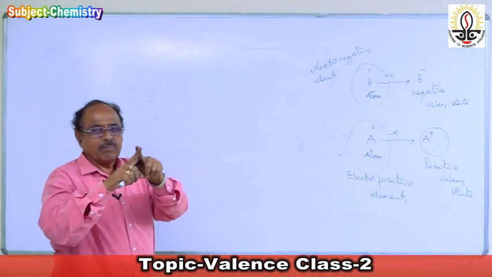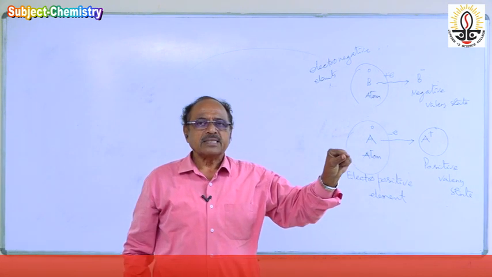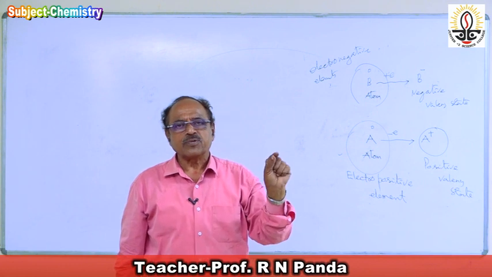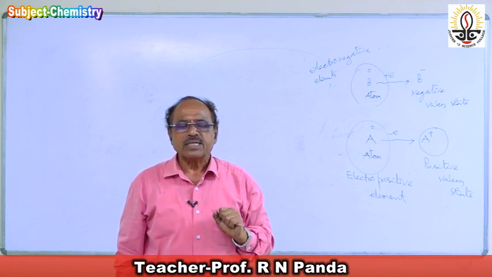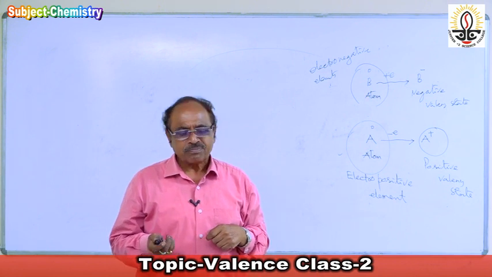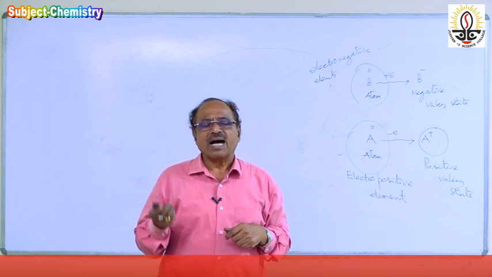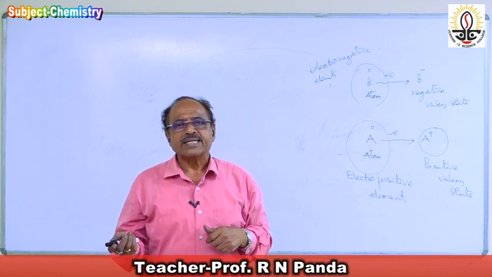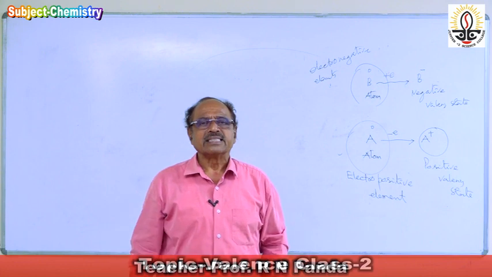If you come to the periodic table, in the 4th period, we have the first transition series of elements: scandium 21, titanium 22, vanadium 23, chromium 24, manganese 25, iron 26, cobalt 27, nickel 28, copper 29, zinc 30.